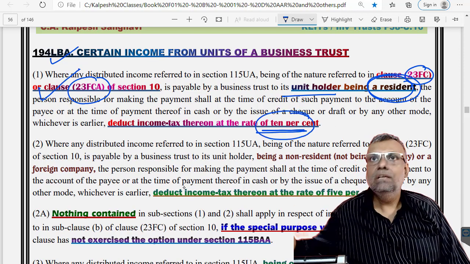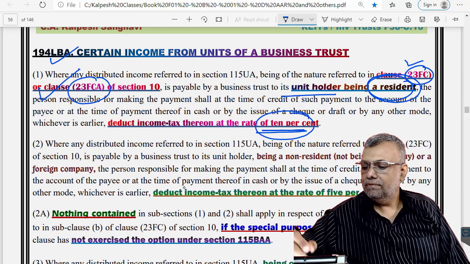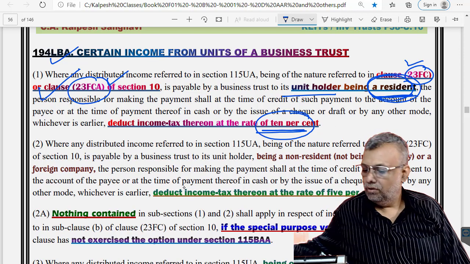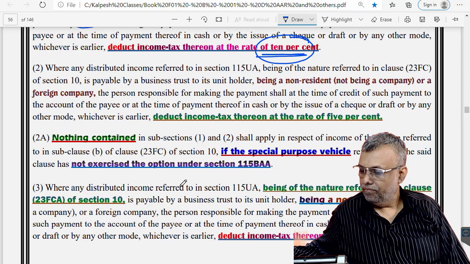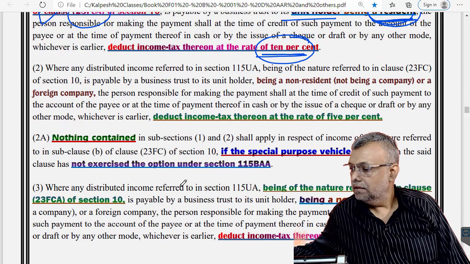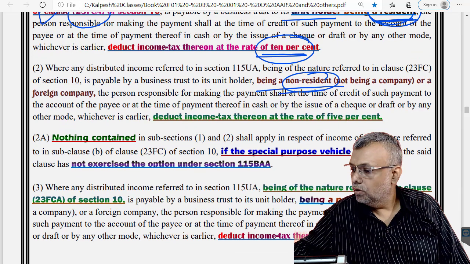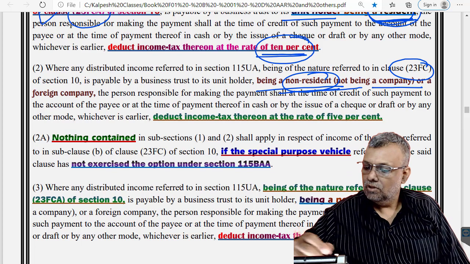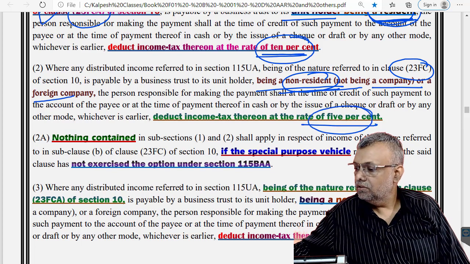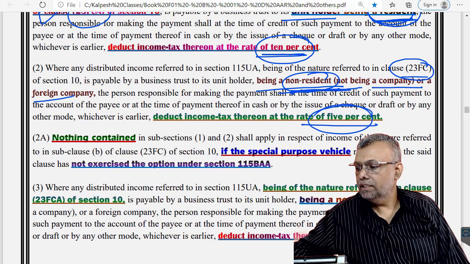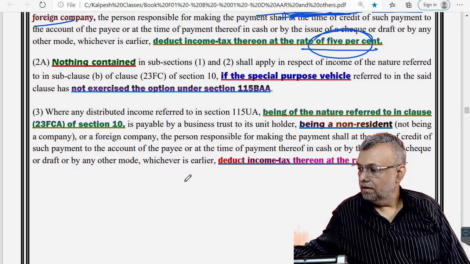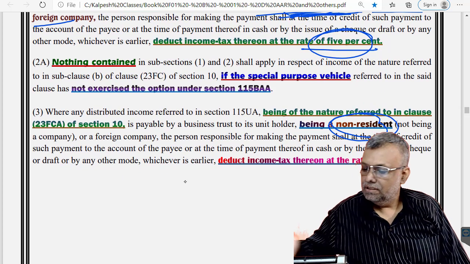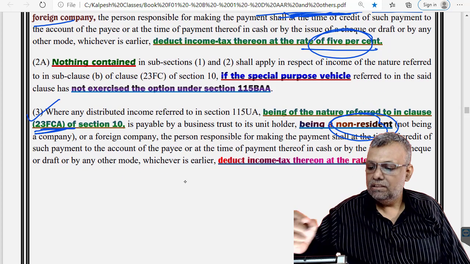Then if you are a non-resident unit holder with FCA income, this is the rate already provided for a non-resident person.